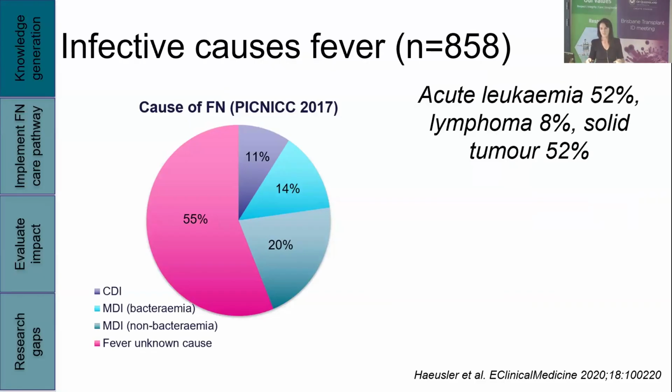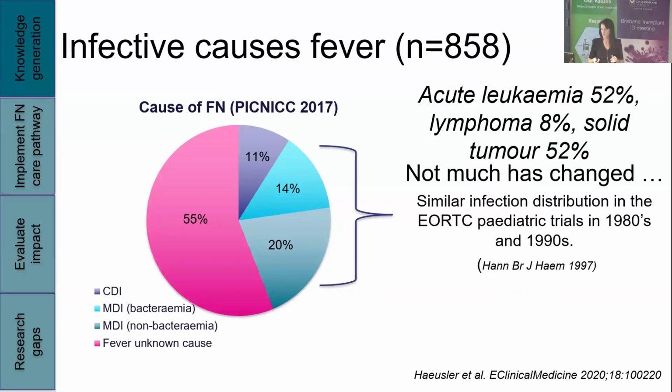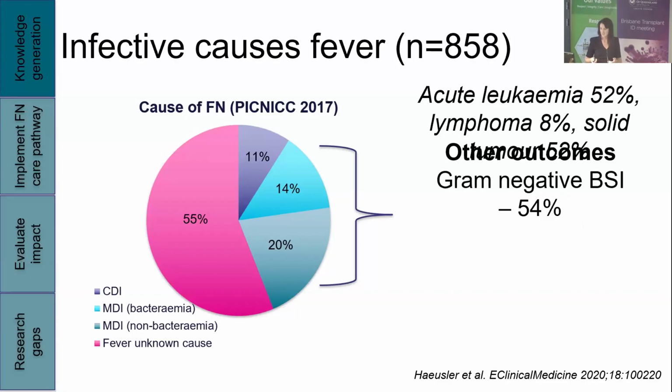It was quite representative of the paediatric cancer cohort, and not much has changed in the cause of their fever since the original EORTC studies from the 1980s and the 1990s. So at least half of them don't have an identifiable infection. The one difference that we are seeing is that there are more micro-defined infections as opposed to clinically defined infections compared to those earlier cohorts, and probably just representative of the availability of molecular testing to capture those viral illnesses.